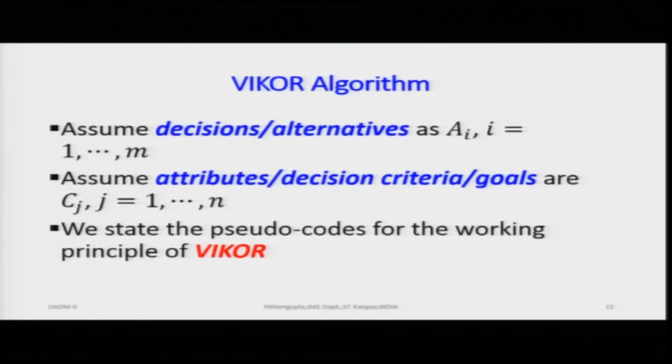So, let us go through the VIKOR algorithm and the steps and solve it using the Excel sheet for a problem. We will solve it here as we did in the last example. Assume decision on alternatives as ai, i is equal to 1 to m, and we also assume the attributes on the decision criteria goals are given by Cj, j is equal to 1 to n.